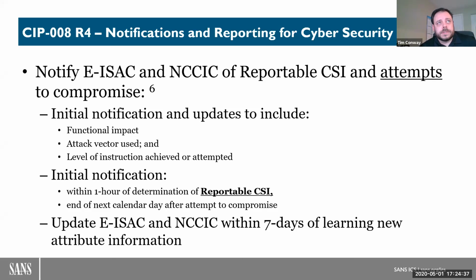Because if something was attempted, you don't know from the adversary perspective what their ultimate goal or target was. So determining what that was could be difficult. The initial notification is within 1 hour of a reportable cybersecurity incident, or the next day if it was just an attempt. And then continuous updates every 7 days of learning something new.